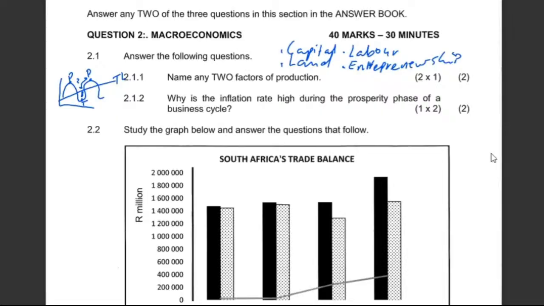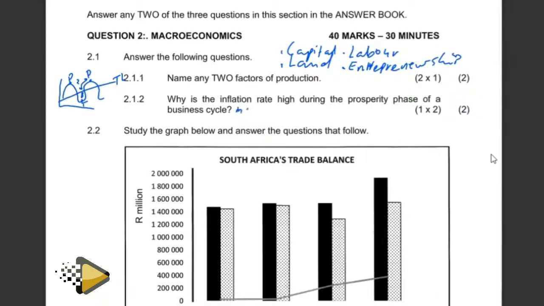Okay, right. So now the question wants to know, why is the inflation rate high during the prosperity phase of a business cycle? As we said, grade 12, this is because the market participants are doing fine. I told you, when we talk of the market participants, we are referring to the households, businesses or firms, the government, as well as the foreign sector.